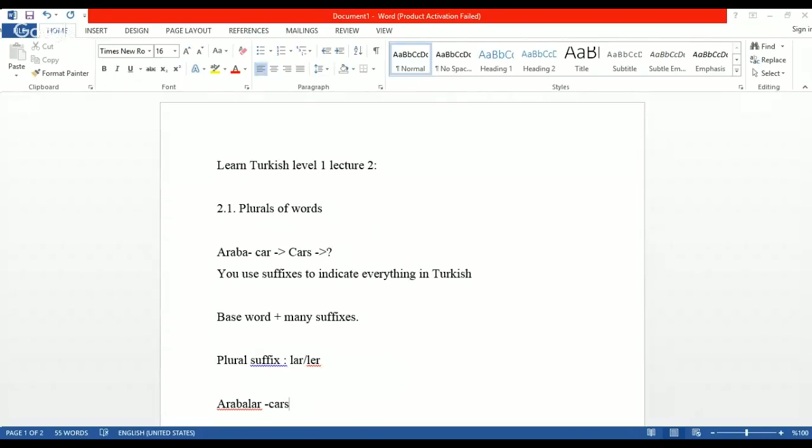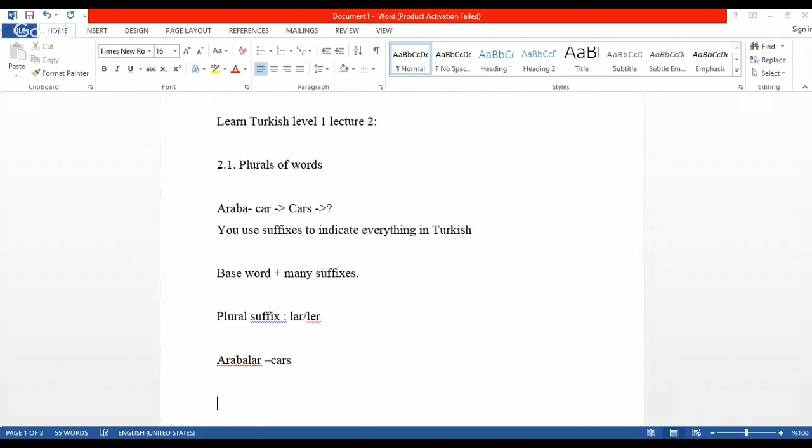So now the question is, how did I choose lar? I said the last vowel is a. So how do I choose it? We have a very basic rule of choosing which suffix comes.